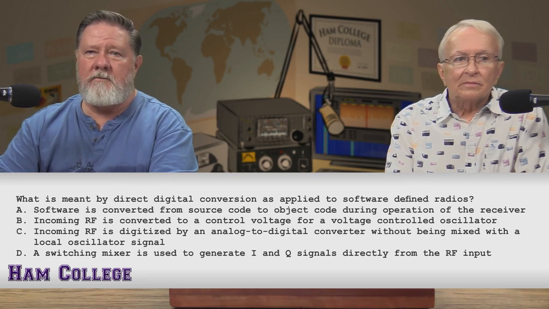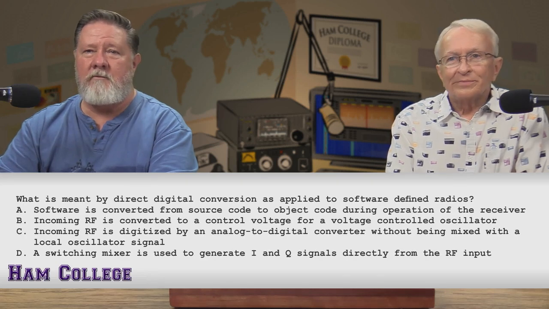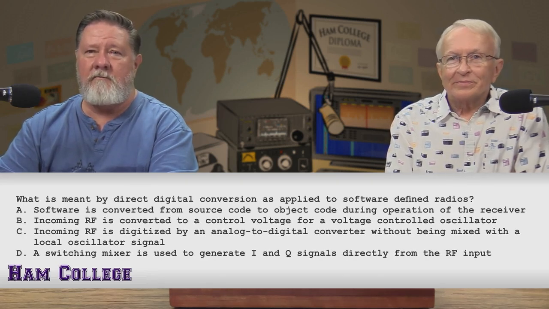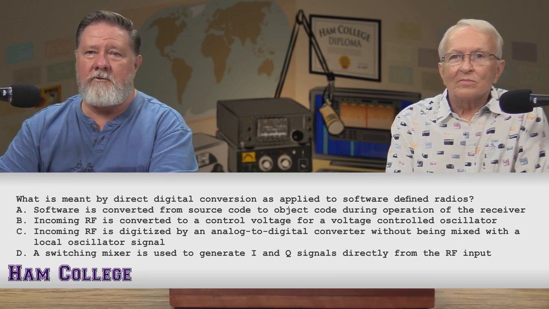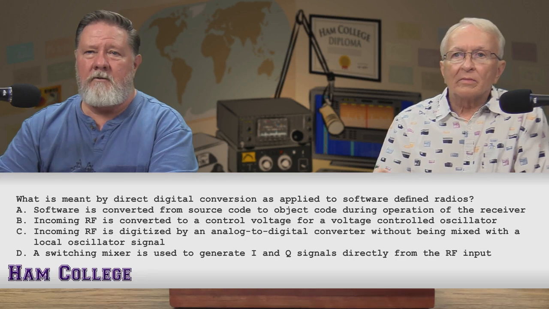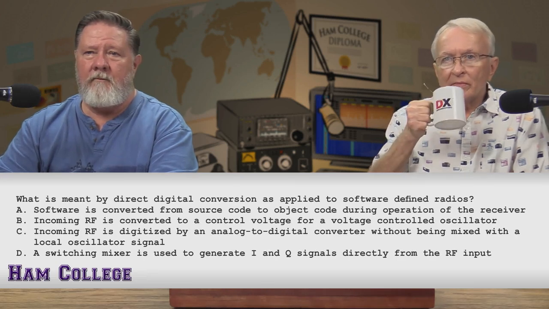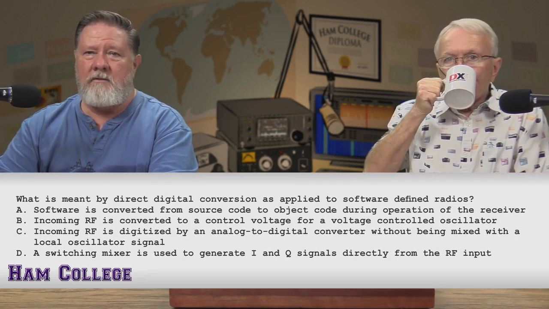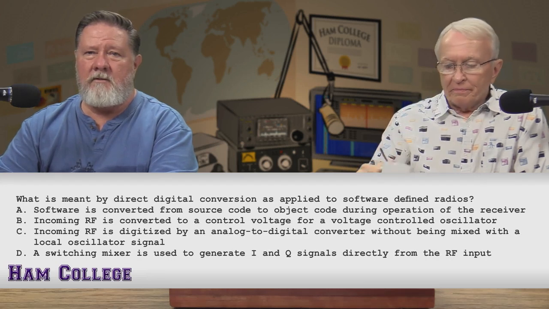Software converted from source code to object code. That's not it. I've written enough source code and generated enough objects to know that's not even close. Incoming RF is converted to a control voltage for a voltage-controlled oscillator. Incoming RF is digitized by an analog to digital converter without being mixed with a local oscillator signal.